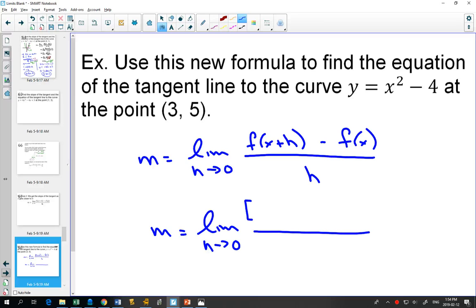So I'm going to write square brackets here. f of x plus h would be (x plus h) squared minus 4, minus, and f of x is just x squared minus 4, all divided by h.